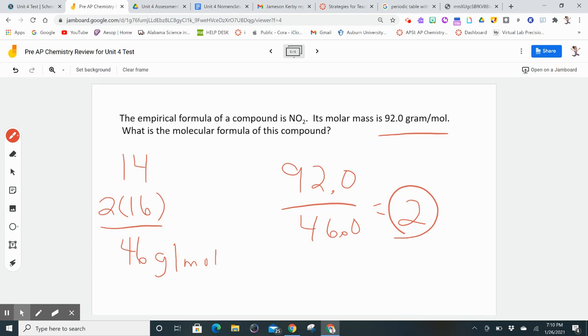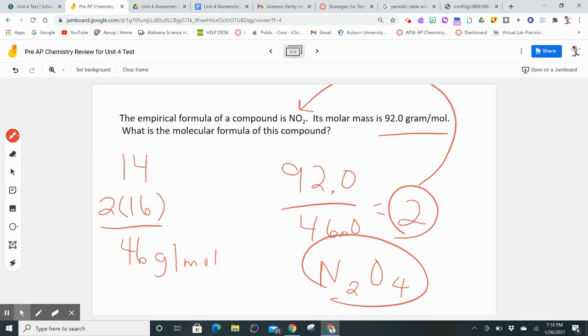Okay, so my molecular formula is twice the ratio of the empirical formula. So it's 2 times whatever the empirical formula is. So I'm just going to multiply this by 2. That would give me N2O4. And that's all I do. I just multiply that by 2. That gives me N2O4 as my molecular formula.